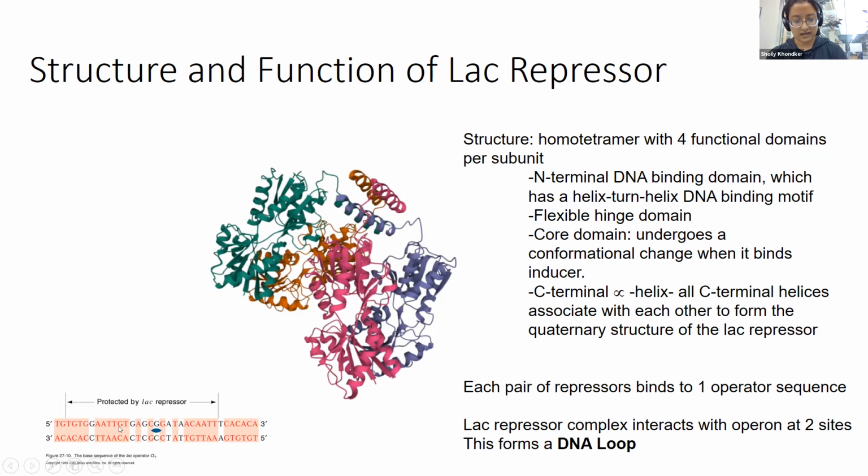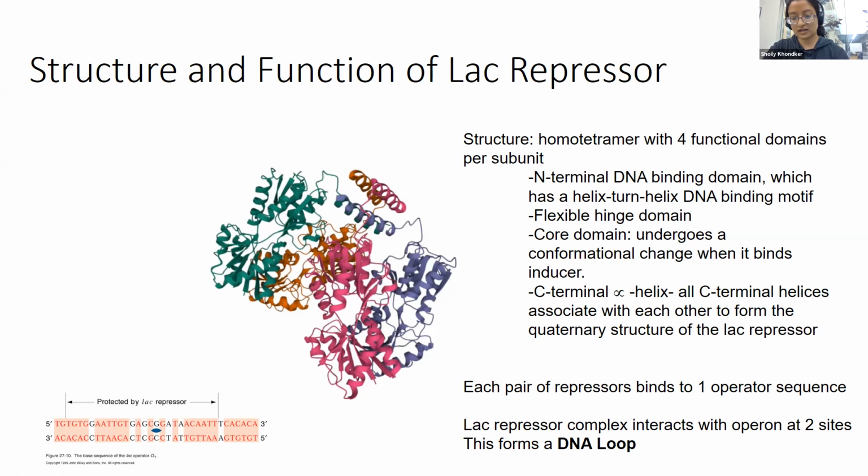Through the use of DNA footprinting, it was determined what sequence in the operator region is bound by the repressor, and it was found that each pair of subunits within the repressor binds to one operator sequence, which means that the LAC repressor homotetramer complex interacts with the operon at 2 separate sites.